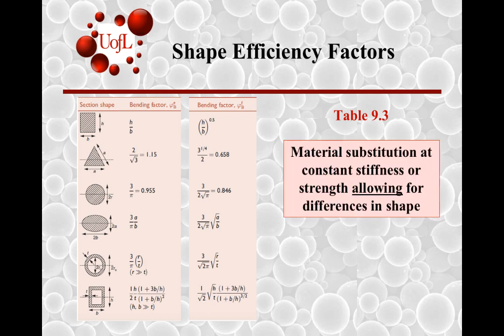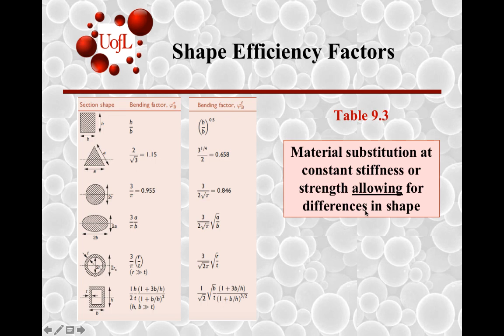So we are talking about being able to account for changing the material, say going from an aluminum to steel, in addition to the reference loading situation, maybe a new material that could be better used. Material substitution at constant stiffness or strength, but allowing for differences in shape.